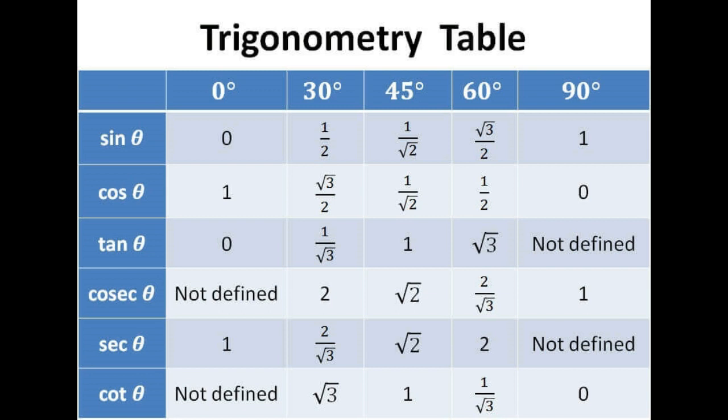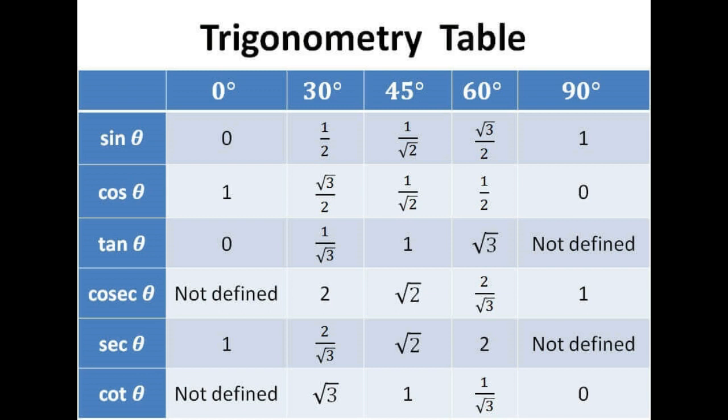Tan's value: 0, 1 upon root 3, 1, root 3, not defined. And what did I say? In sine and cos we don't have any not defined value, but in the rest of the trigonometrical functions we have a not defined value. Now in tan we have 0, 1 upon root 3, 1, root 3, not defined.